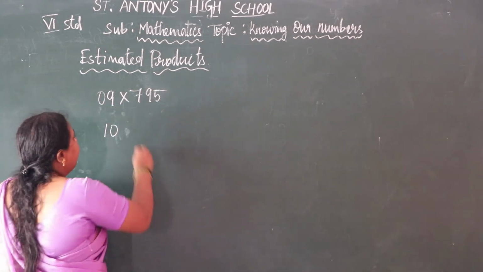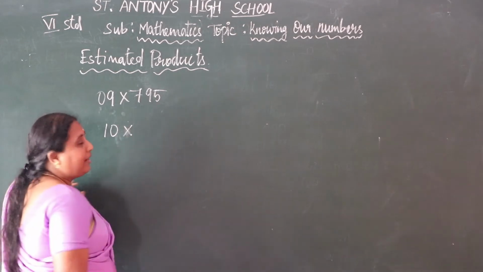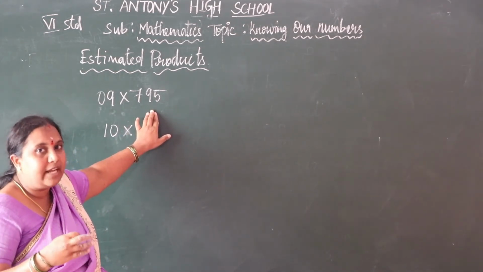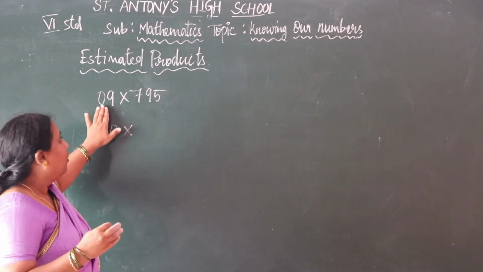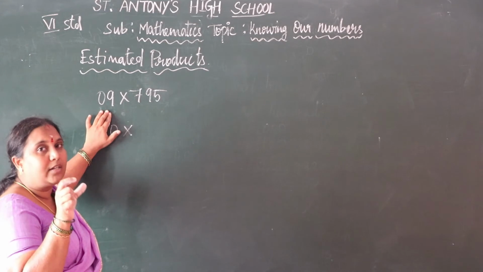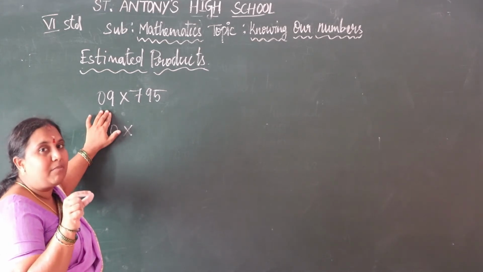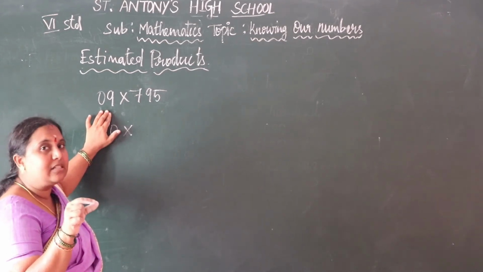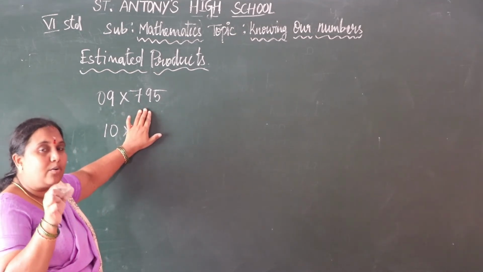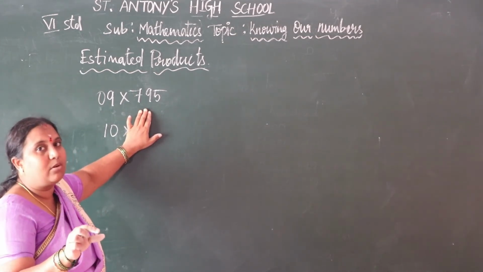And then 795. We also round 795 off to the nearest 10. The first number is rounded off to the nearest 10, and the second number is also the same.